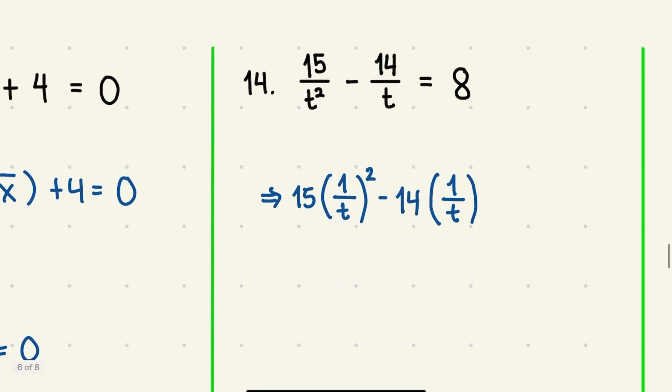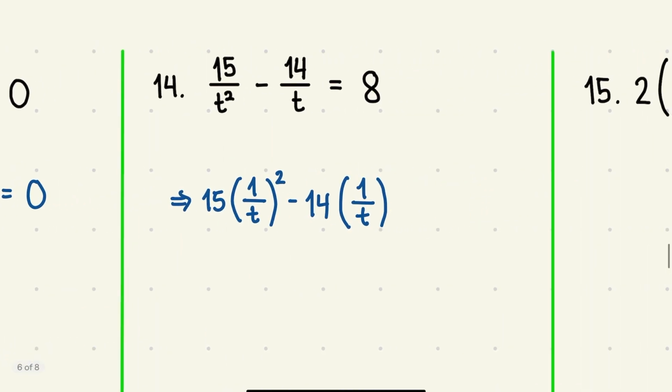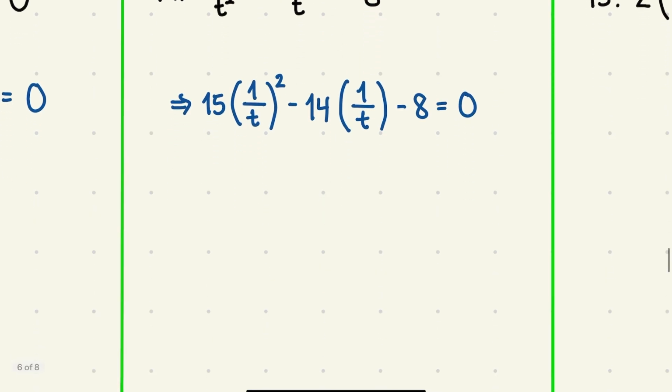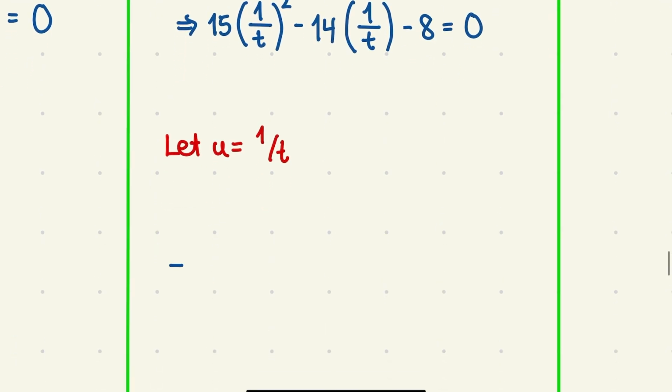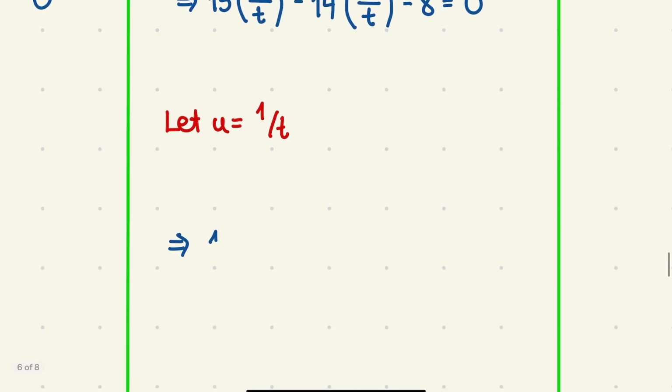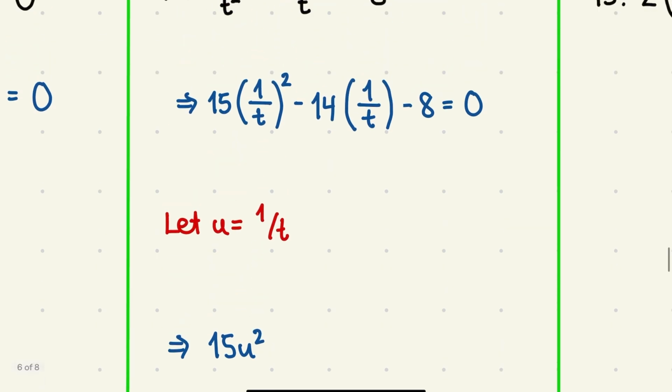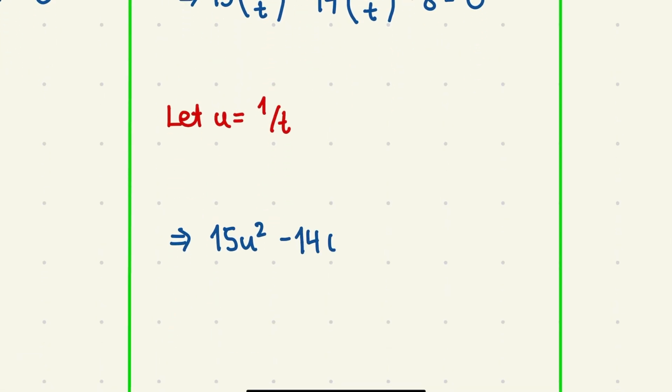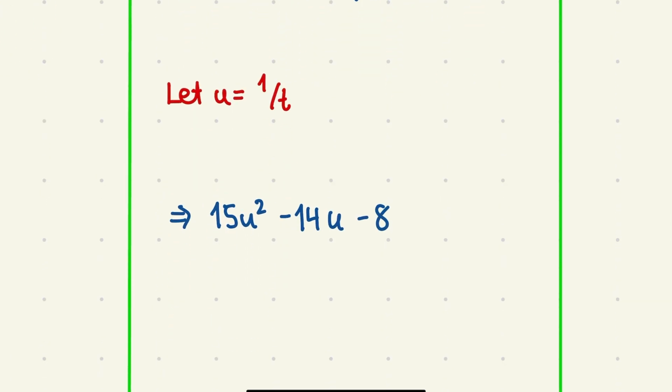Since we expect this to be a quadratic equation, let's just move this to the other side, so we'll have minus 8 equal to 0. Can you guess what substitution we'll be using? Let u be equal to 1 over t. And so that means we will obtain 15u squared minus 14u minus 8 equal to 0.